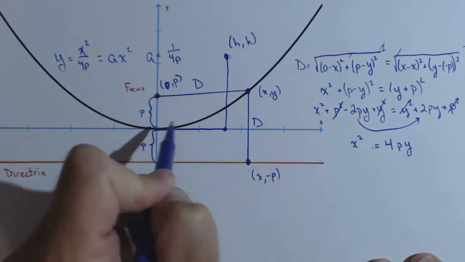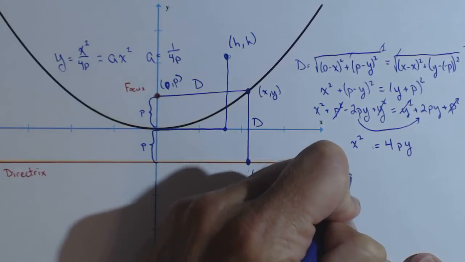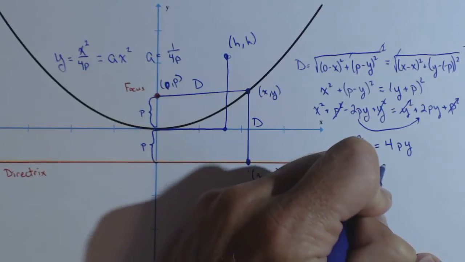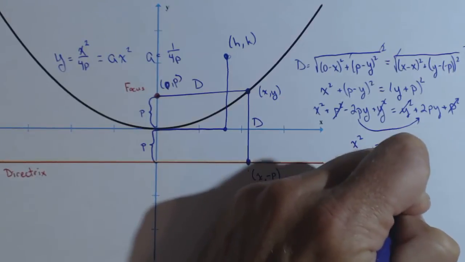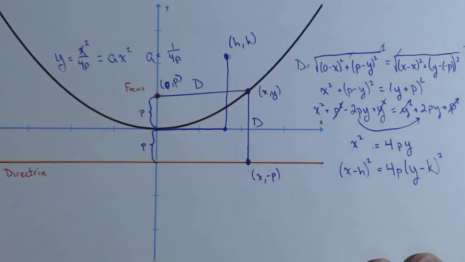So remember what we do to move points. This would become x minus h, the quantity squared, equals 4p times y minus k.